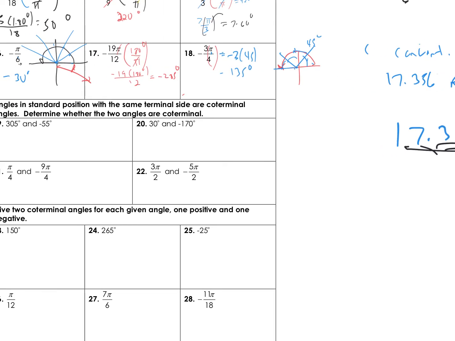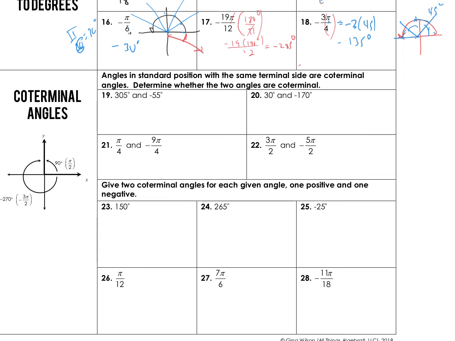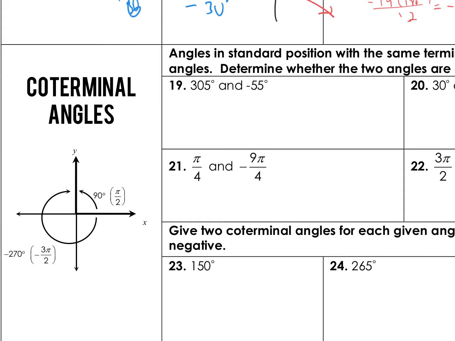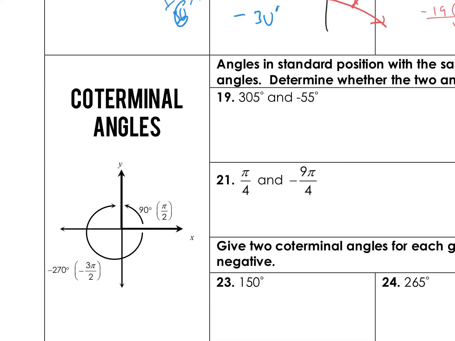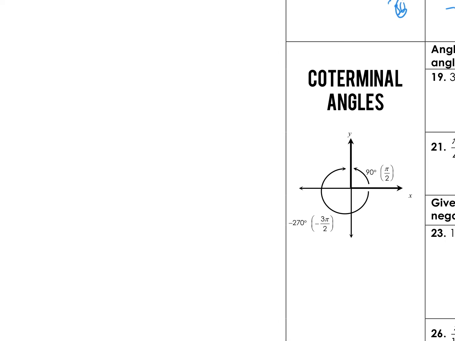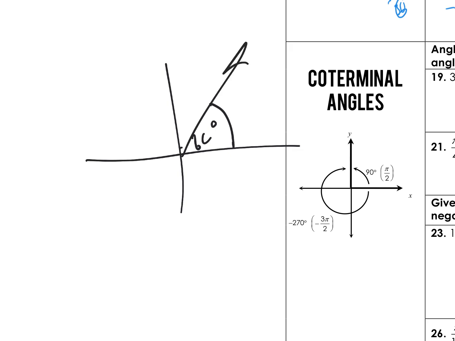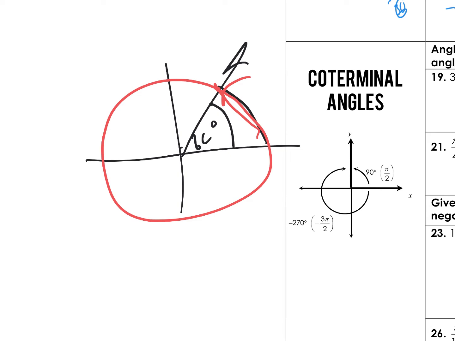Now, the last terminology is coterminal. Coterminal means that two angles share the terminal side. They may be different. For instance, if I have an angle at 60 degrees, I guarantee you that if I go to 60 and then decide to go all the way around again, that's another angle.